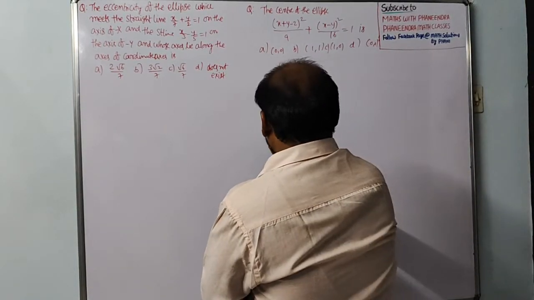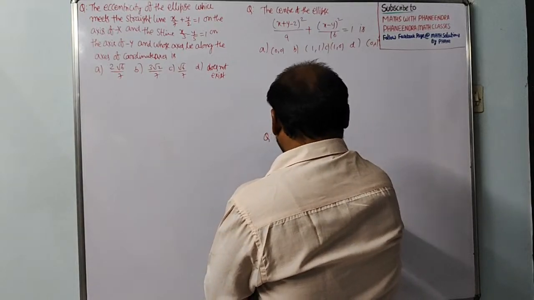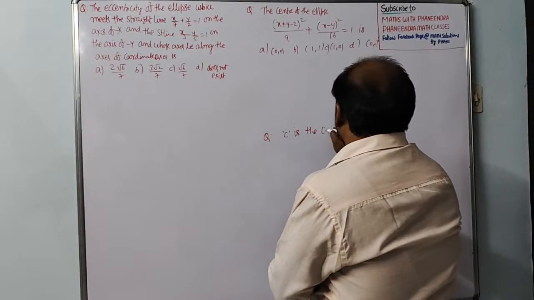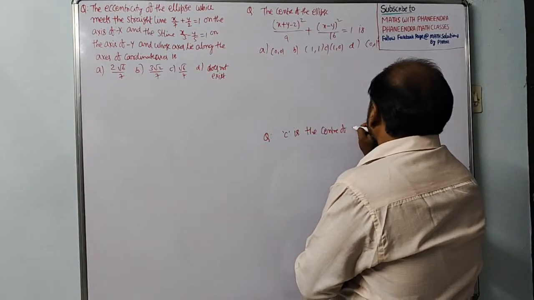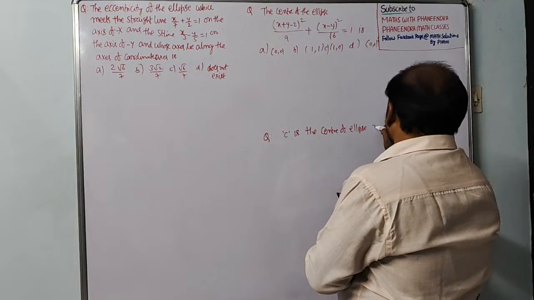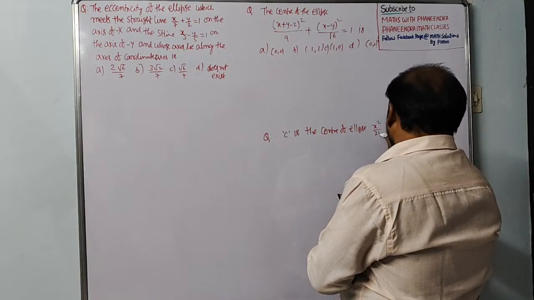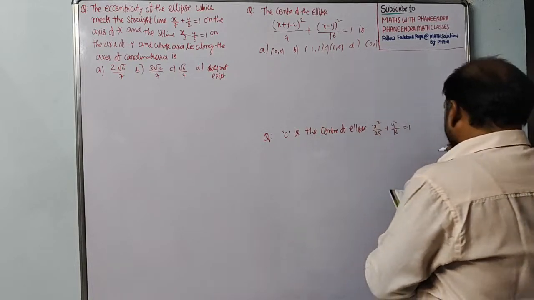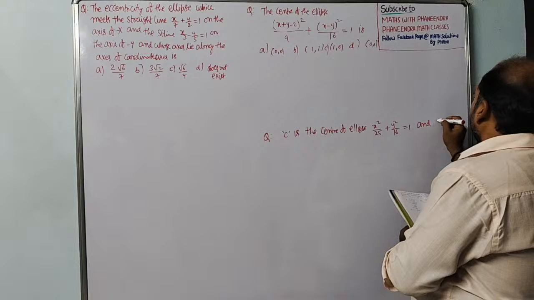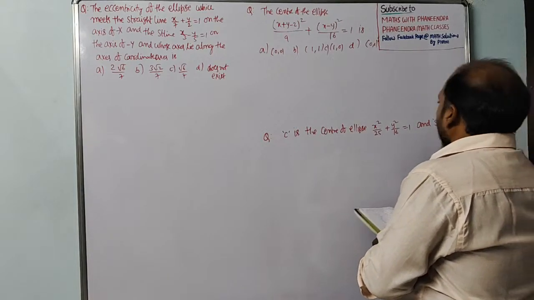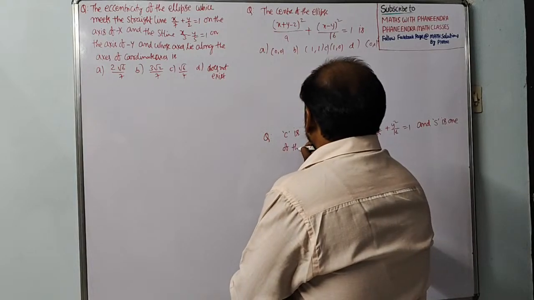And the next question also here. C is the center of the ellipse x squared by 25 plus y squared by 16 equal to 1, and S is one of the foci.